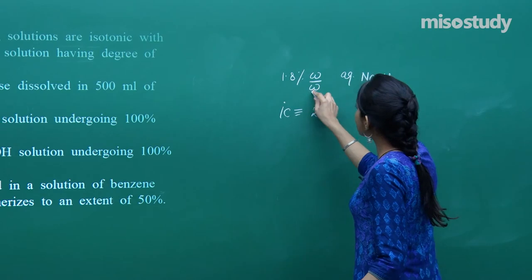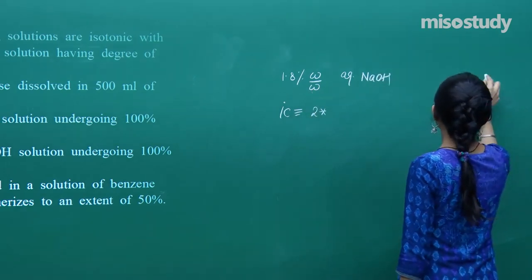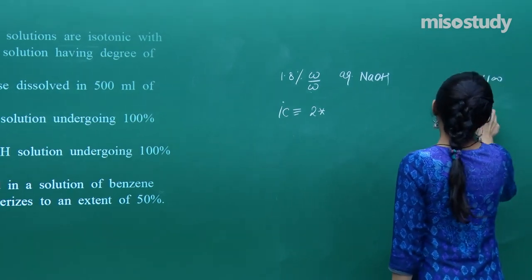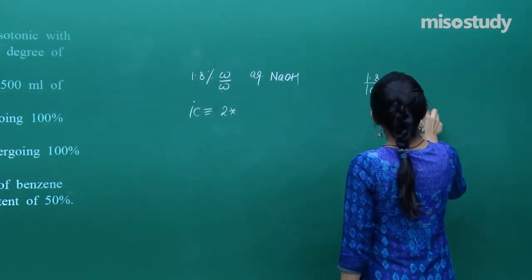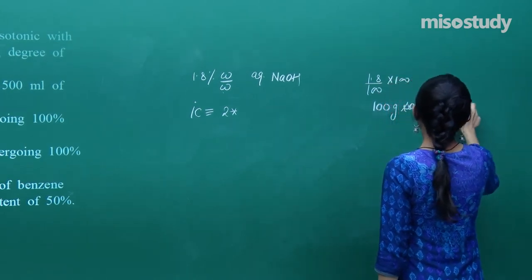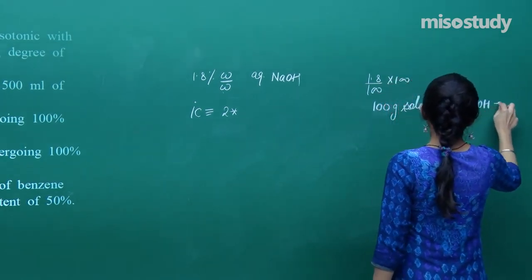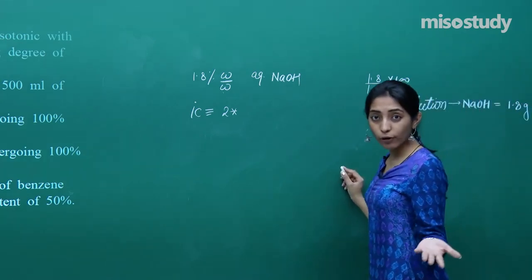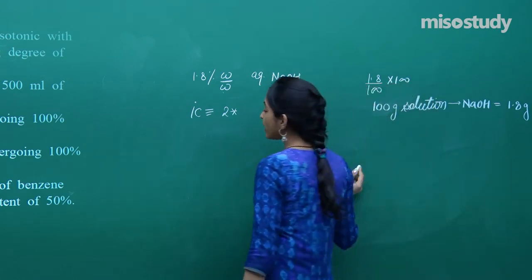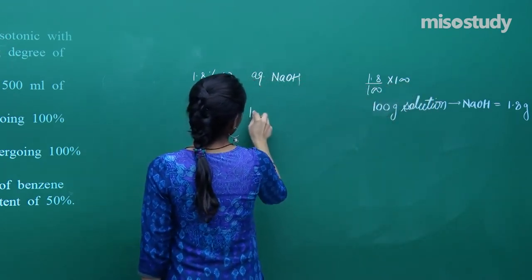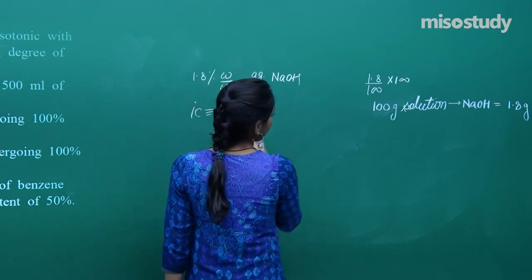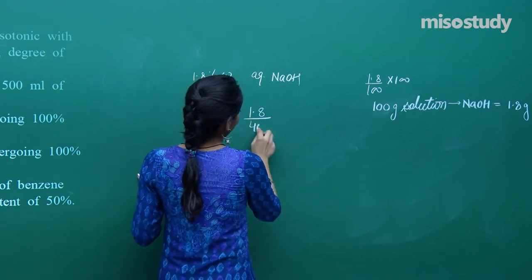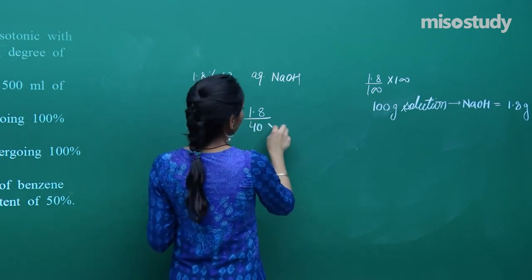Now what does this 1.8% weight by weight mean? It means 100 grams of solution will have 1.8 grams of NaOH. If I want the concentration, you can say given mass, which is 1.8, divided by the molar mass of NaOH, which is 40 grams per mole, by the volume of solution in liter.